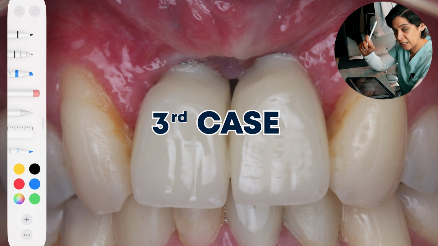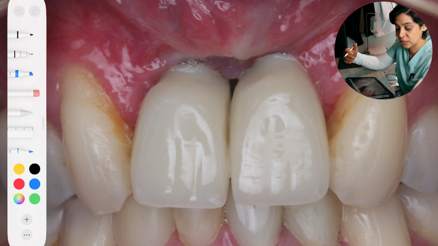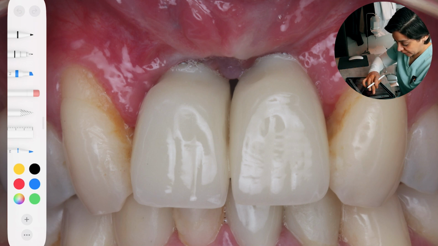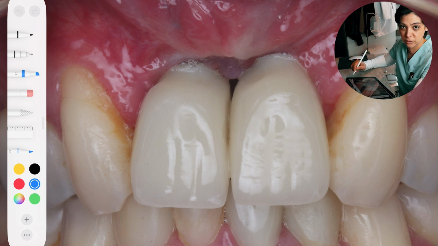So this is a really interesting case. Came to my office. This patient had previously so many surgeries in one side. There's a lot of things that we're gonna have to do with him, but I just want to show you guys how it looks when you don't have the right treatment and the right procedure around dental implants.